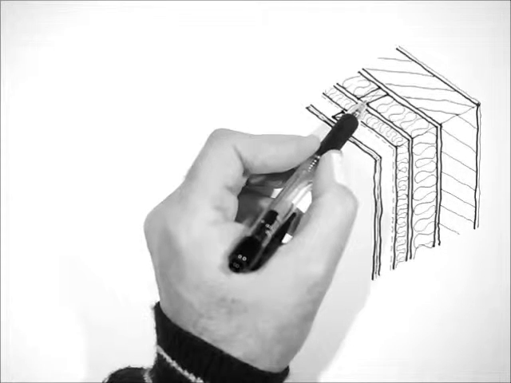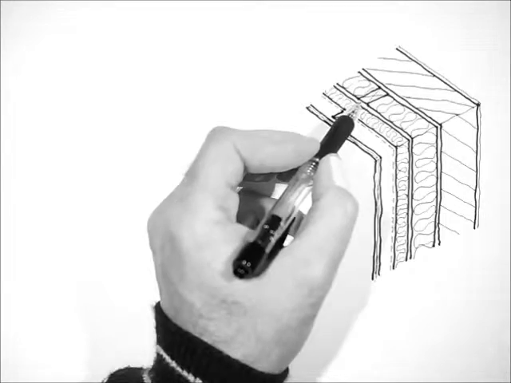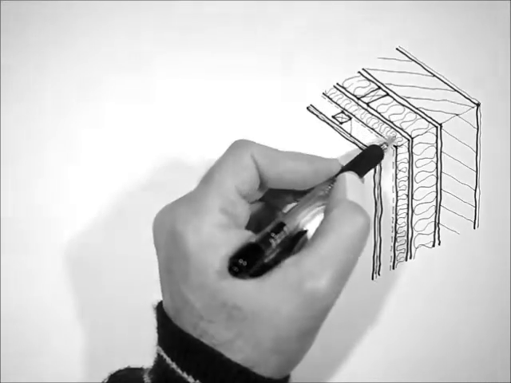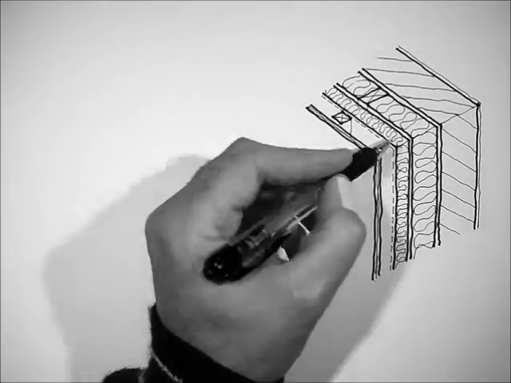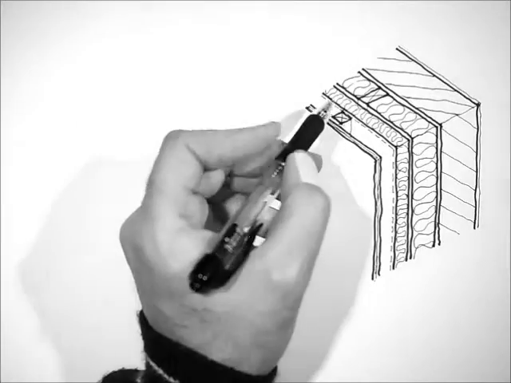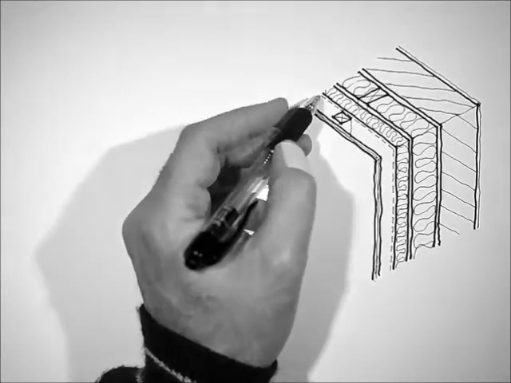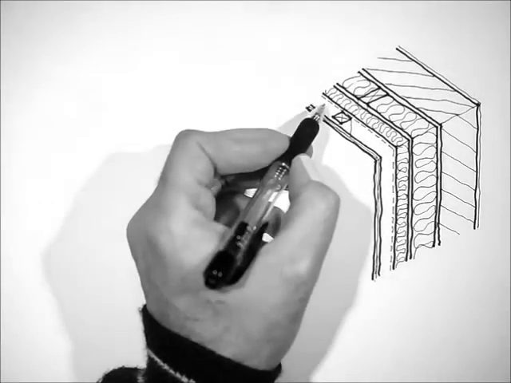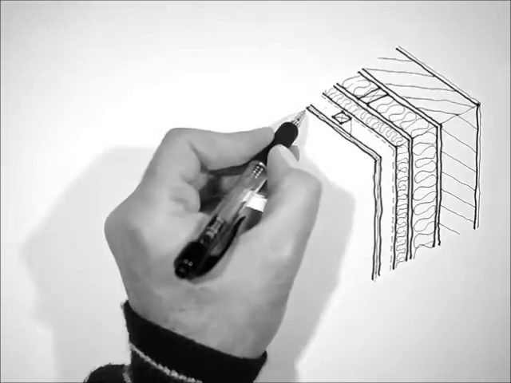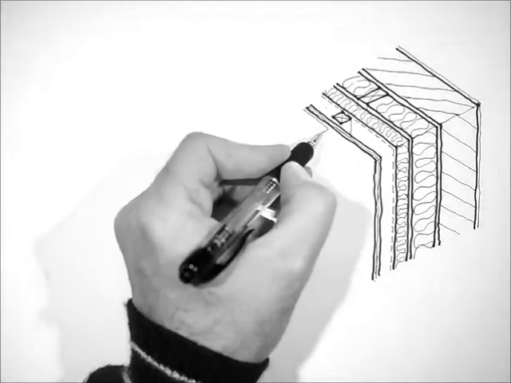The stud creates a cold bridge, so we clad externally to all of that construction with a high performance insulation, a closed cell board. We're going to be creating a gap in our construction here, and I'll come on to the reason for that gap in a moment.